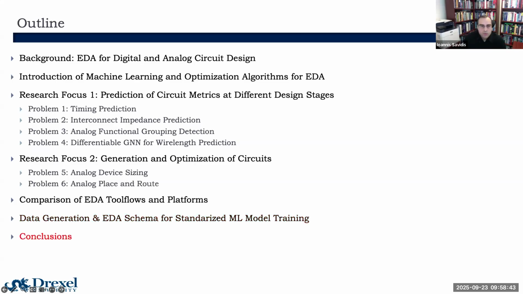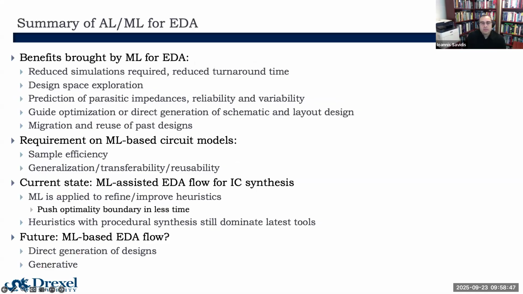But to give some time for questions, just a couple thoughts here, conclusions. Machine learning is transforming analog and digital EDA by enhancing efficiency and expanding capabilities. It significantly reduces the need for repetitive simulations, which basically speeds up the design process.